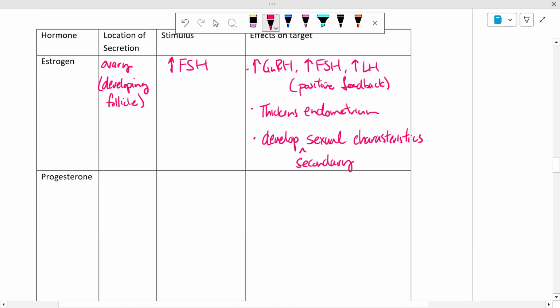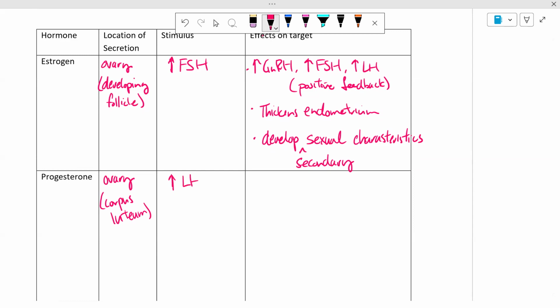For progesterone, it is also from the ovary, but this time it is the corpus luteum. Remember, corpus luteum does not last forever, right? It's just a transient structure. The trigger is increase in LH, formation of corpus luteum. And it's opposite to estrogen, right?